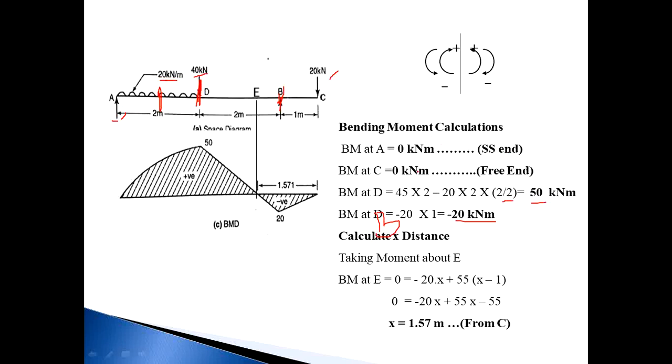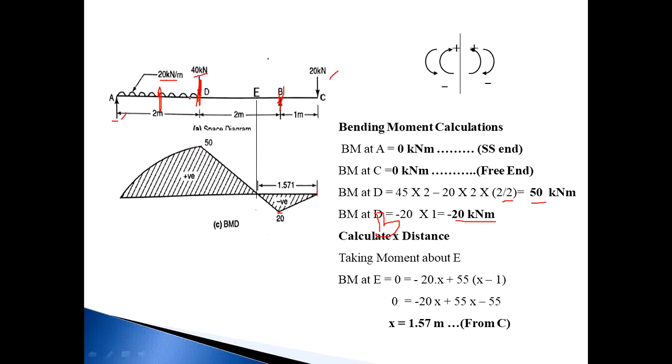By using all four coordinates, plot the coordinates. Bending moment at C is 0, bending moment at B is minus 20. The minus values are plotted below the baseline. Then bending moment at D is plus 50 kilonewton meter. Plot all these coordinates. Now join.